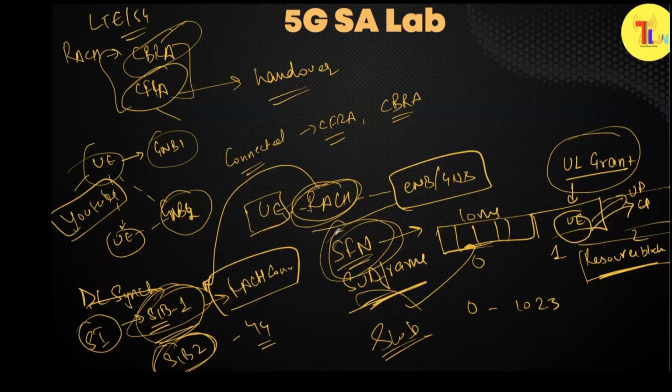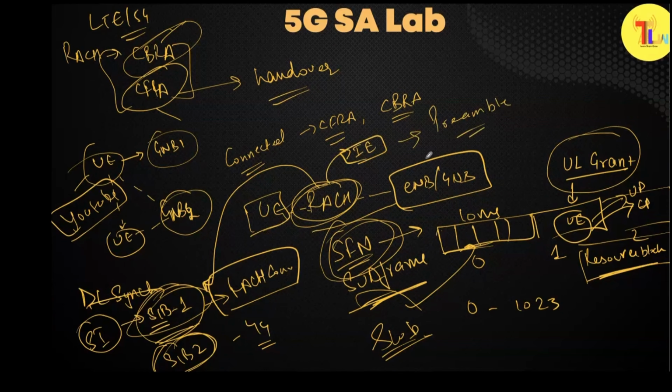Now, what information elements are there inside this RACH message? Basically I don't have any uplink grant, so what you will do is pick up a signature, or a preamble. We call it a preamble.